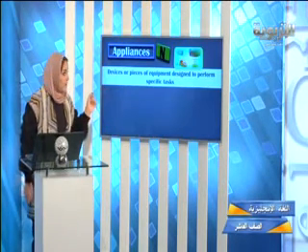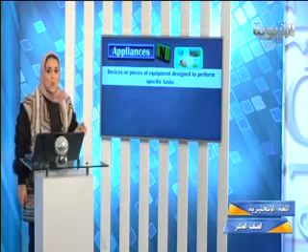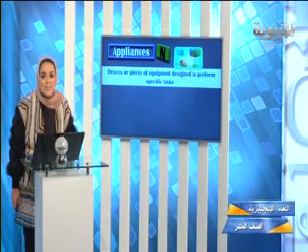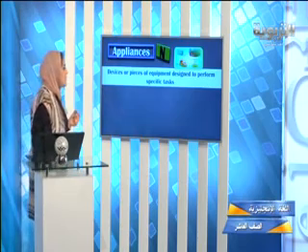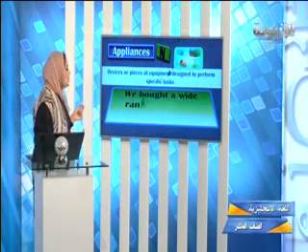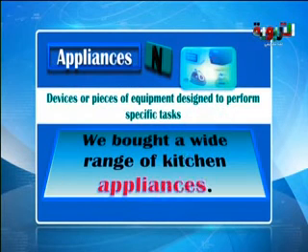So these devices, we use at home. They do certain tasks, so we call them appliances. Appliances. Excellent. So let's read the example. We bought a wide range of kitchen appliances. Kitchen appliances. Good.